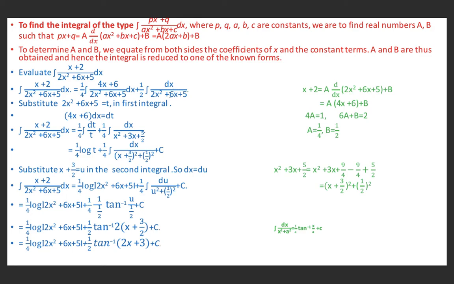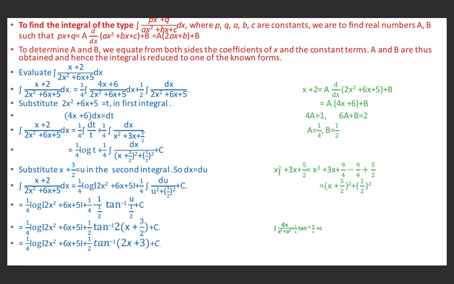And for the second term we can take 2 common here. So it is 1 upon 4 into x square plus 3x plus 5 by 2. This is of the form which we discussed in the previous slide. So express x square plus 3x plus 5 by 2 as the sum of squares of two terms.